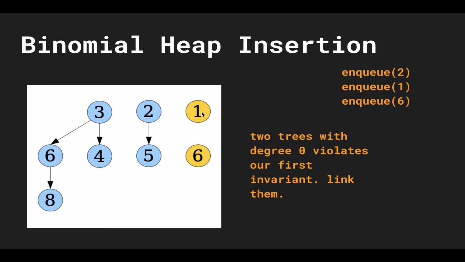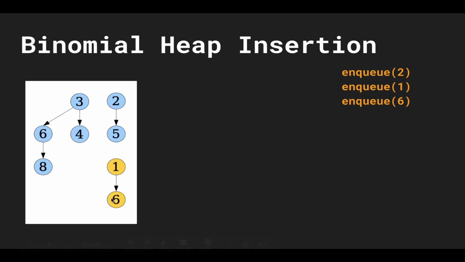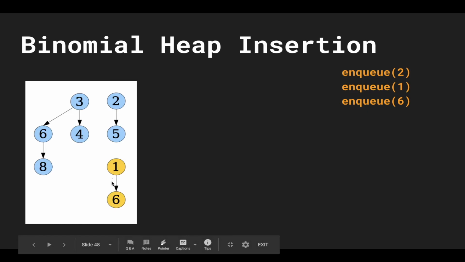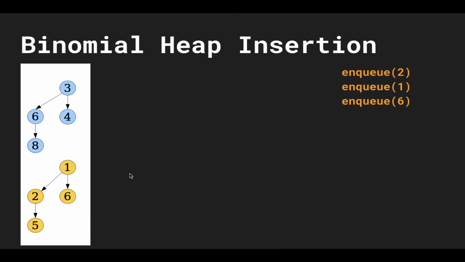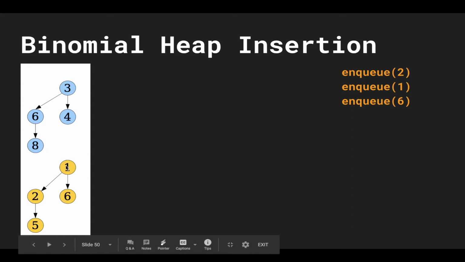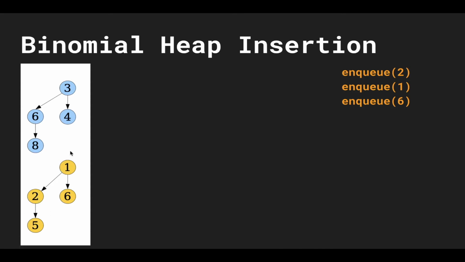So we're going to link them together. We link them together where 1 is the new root because 1 is smaller than 6. But now we see that we have two trees of degree 1, so we have to link them together as well. We link them together, we make 2 the child of 1 because 2 is greater than 1, and we have to maintain our heap invariant.